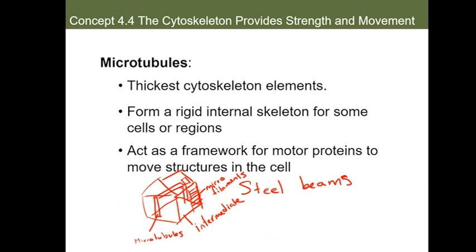So microtubules have 2 subunits. They have beta tubulin and alpha tubulin. And they make a dimer called tubulin, made up of the beta and alpha. Because remember, you have monomers, dimers, and then polymers for anything 3 or above.